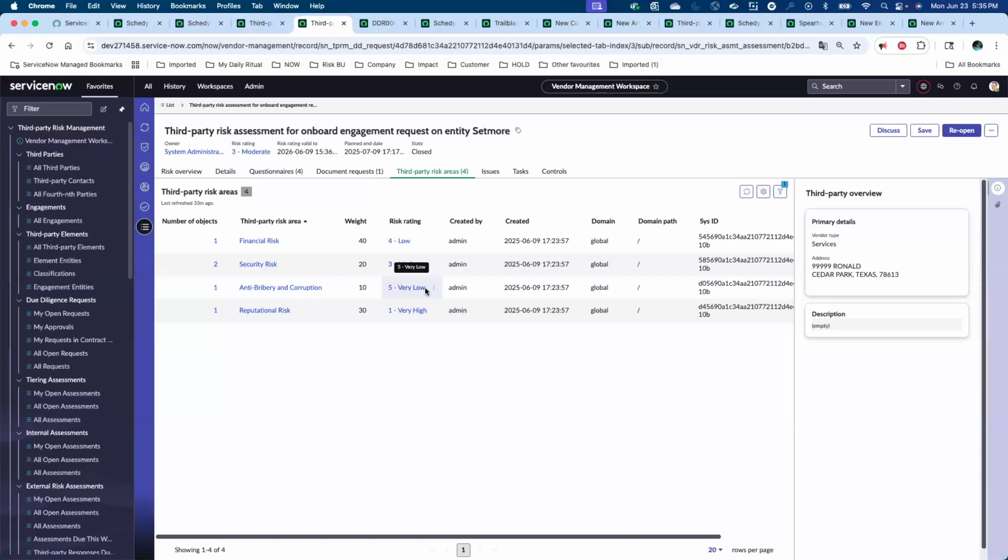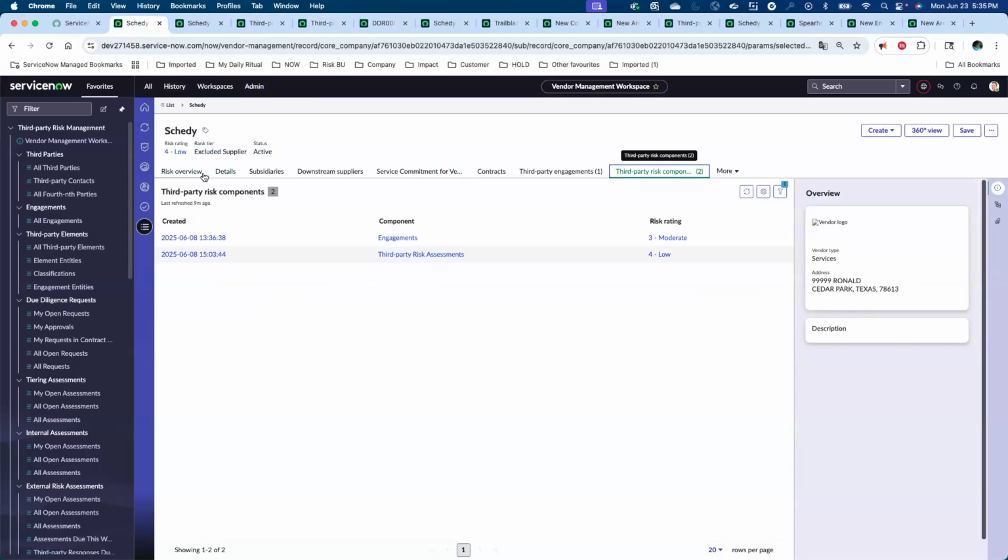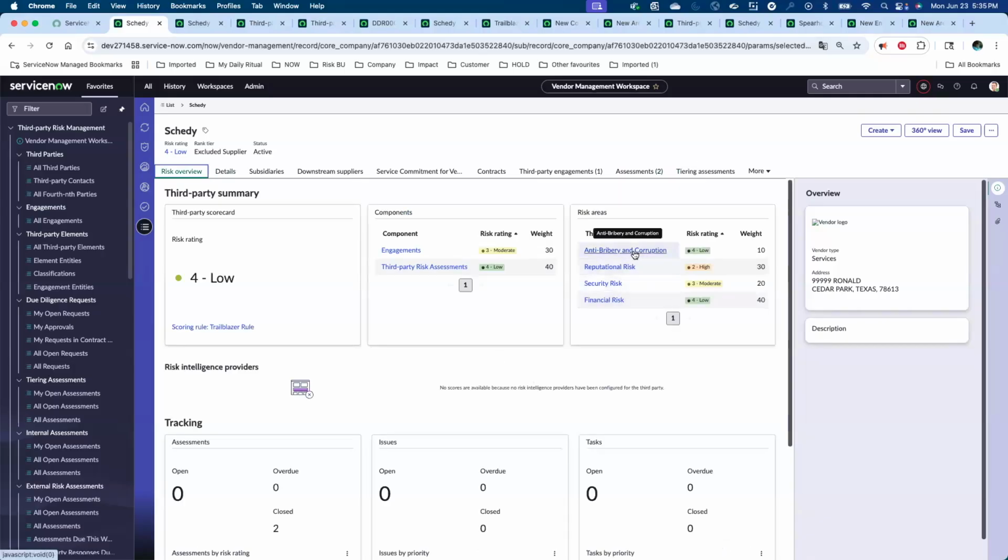So it's 4 plus 4 plus 5, which is 13, divided by 3, since it's an average. So that's 4.3. If we navigate back over here, anti-bribery is coming to 4 low because 4.3 is basically 4. That is how it has computed the risk areas.